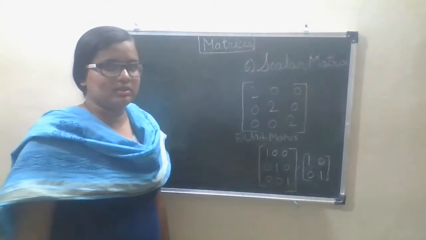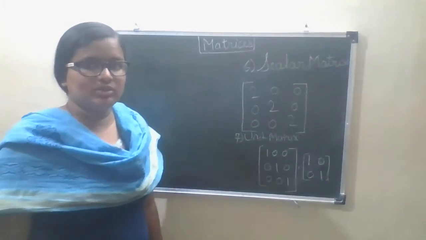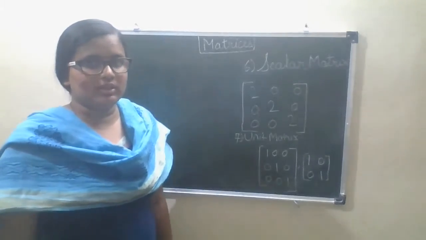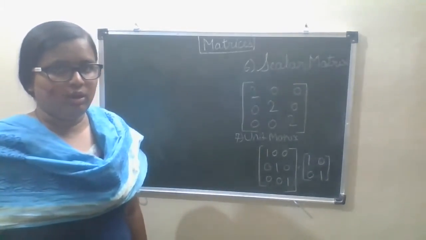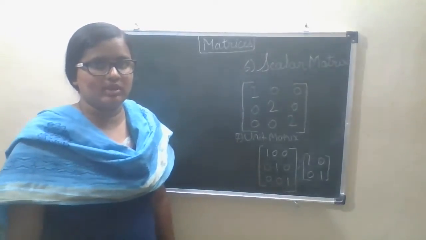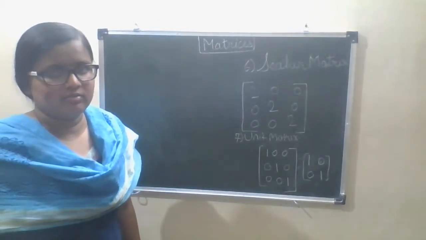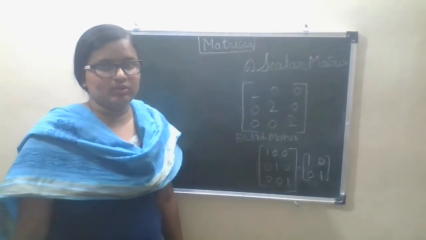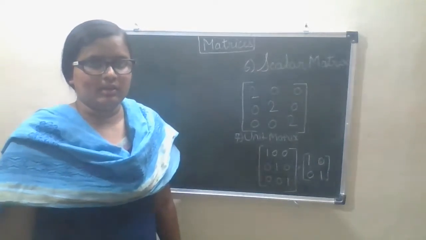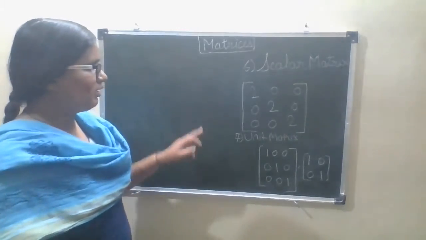Next is the scalar matrix. What is the scalar matrix? We saw that a matrix which has only diagonal elements, and no elements apart from the diagonal, is called a diagonal matrix. Now we will see what a scalar matrix is.